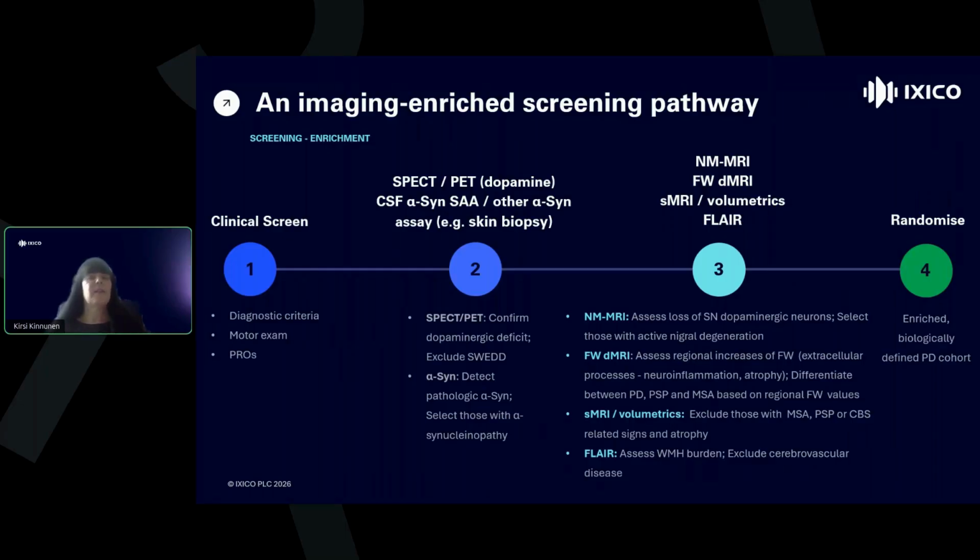Adding specific types of MRI to the screening pathway can add to the statistical power of the trial. The trade-off here between cost and patient burden versus statistical power depends on the trial phase, its size, and the therapy's mechanism of action. Next slide, please.